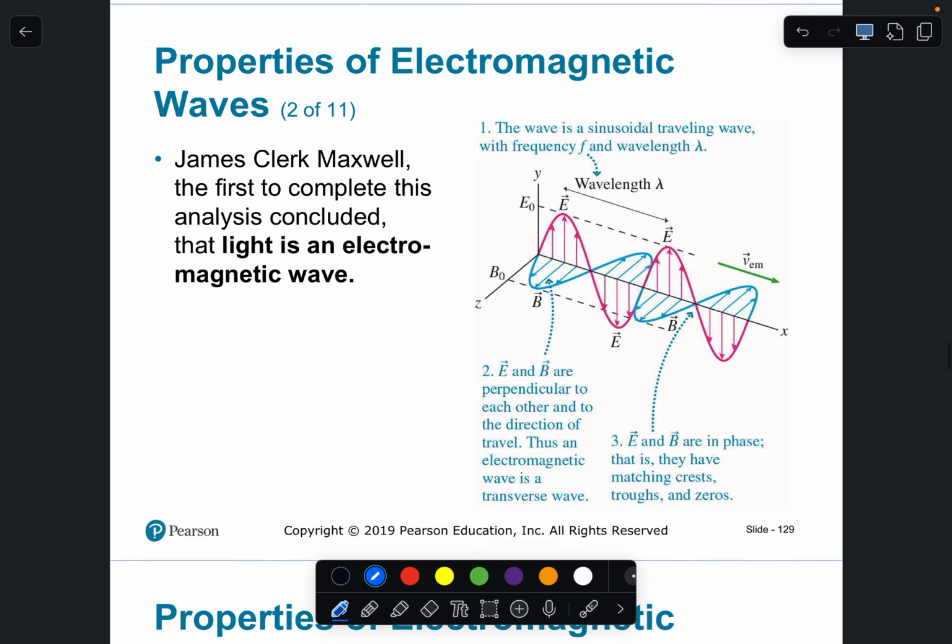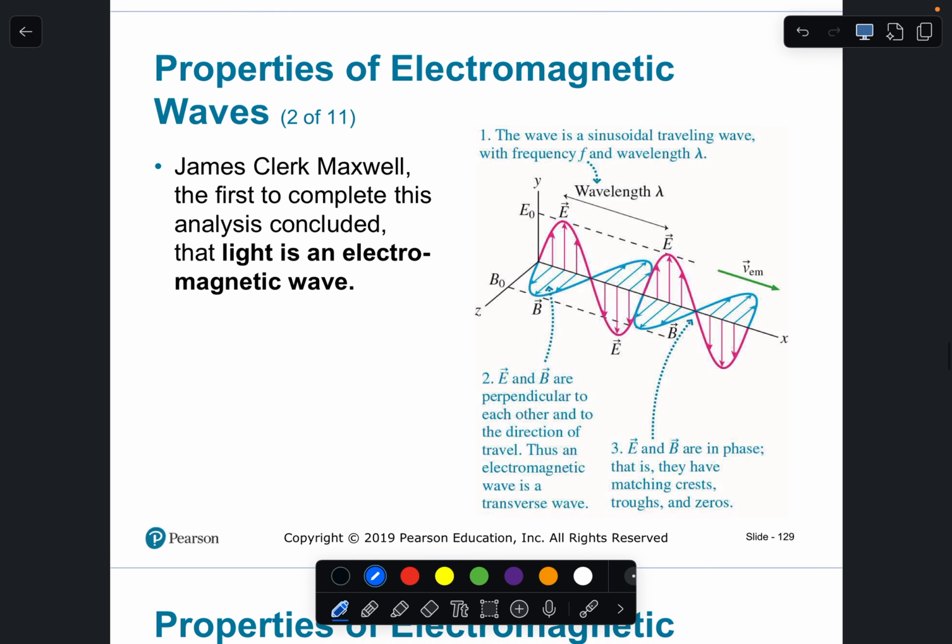Okay, the person who figured all this out was James Clerk Maxwell. So I don't know if you've ever heard of Maxwell's equations. He is the author of all the beautiful symmetric equations that describe the motion of electromagnetic waves. And basically, most of the technology that we use today is because of James Clerk Maxwell.